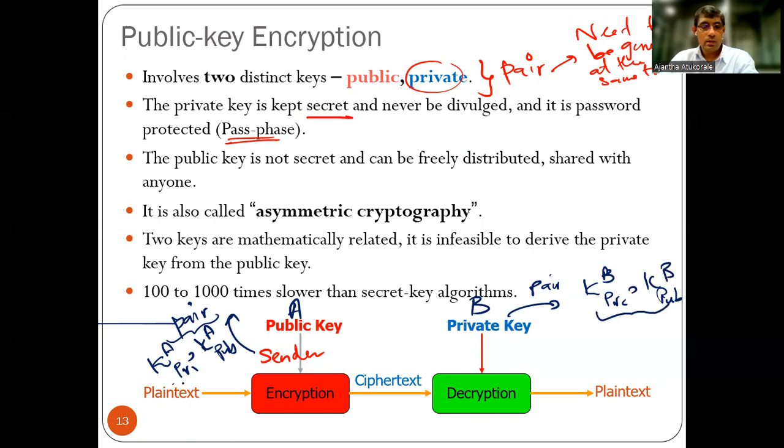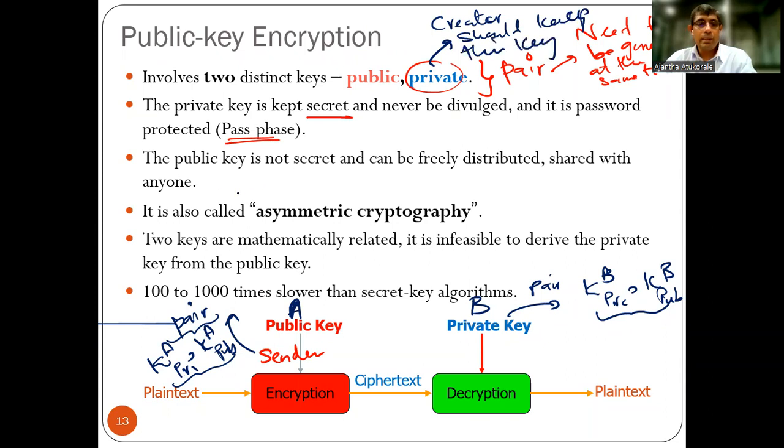So these are the two pairs, and each person is supposed to create their pair and keep it. With the names, private means that the creator should keep this key.